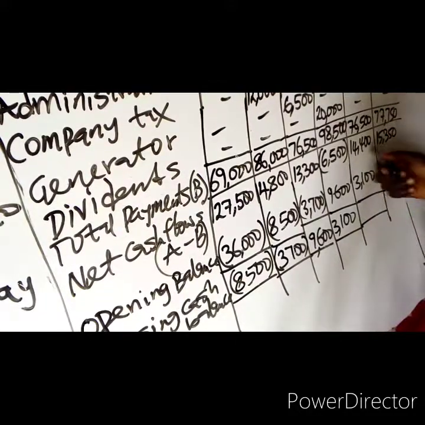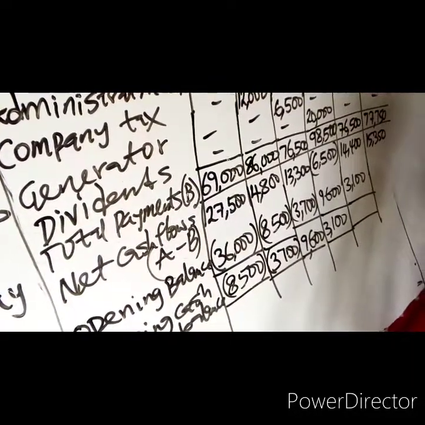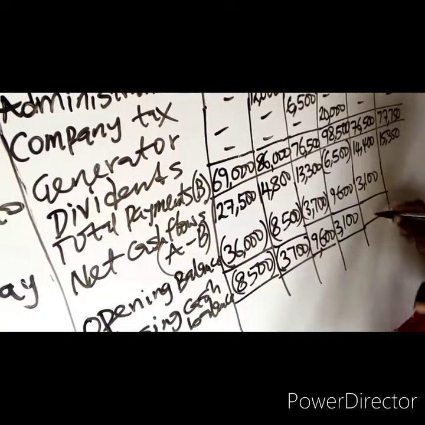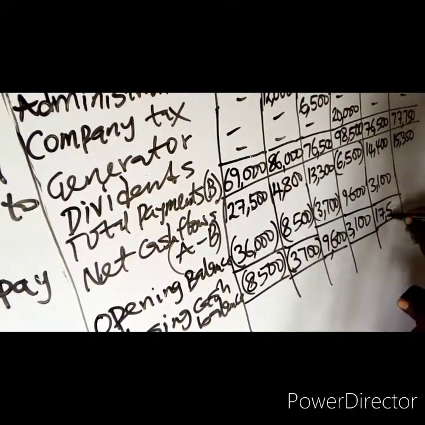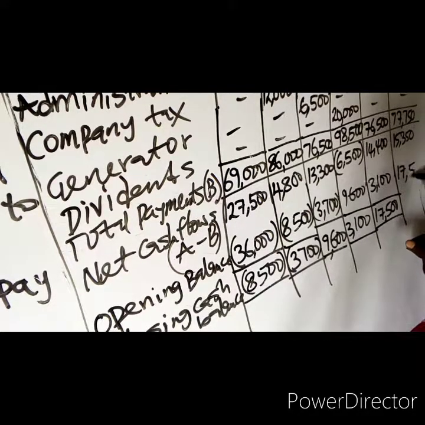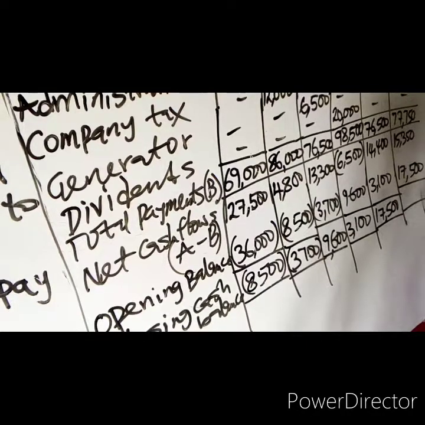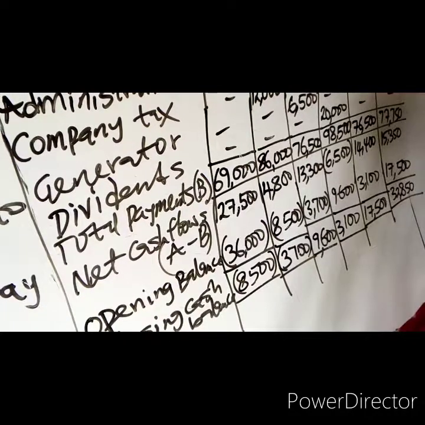When you add it to 14,400, then you have 17,500. Then this 17,500 will also become the opening balance in June. When you add it to 15,350, then you have 32,850. That is the solution to the question.